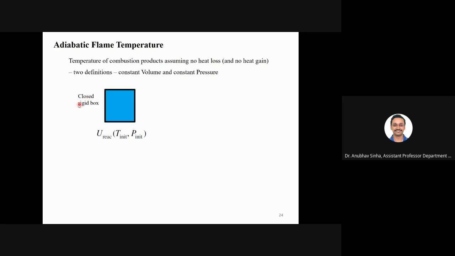Let's say I have a closed and rigid box. It will not deform, and it is also insulated. Initially I have some initial temperature and pressure, which will give the enthalpy or internal energy of the reactant. Now I just put in a spark plug. This will react and form products at some temperature and pressure.